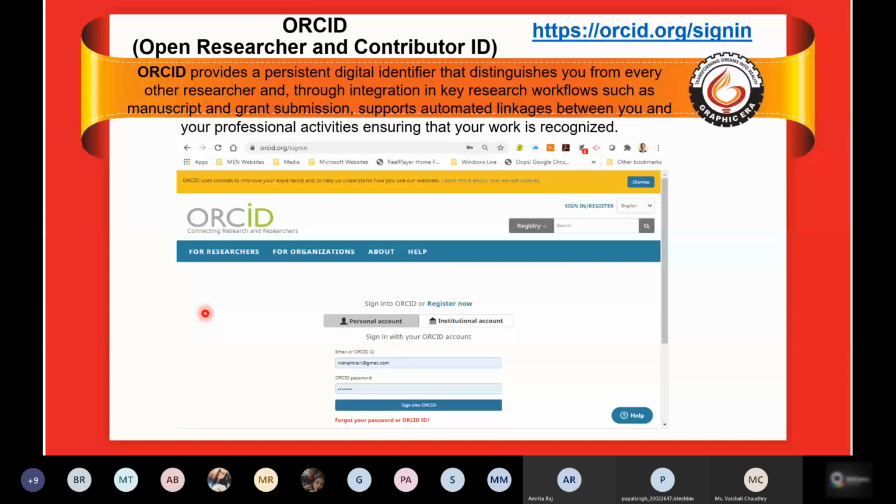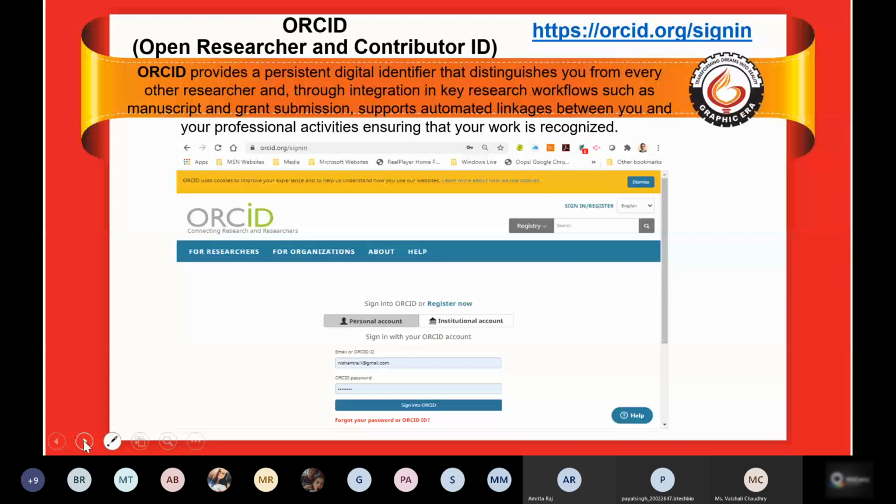Whenever you are publishing your research paper, when you are communicating your research paper to different journals, they ask you about the ID. This ID is unique to you, and it gives an idea of the global research you have done. So it is important for faculties, researchers, scientists, students, any person who is in the area of research.